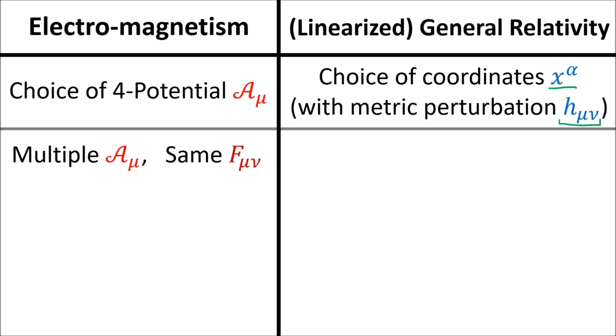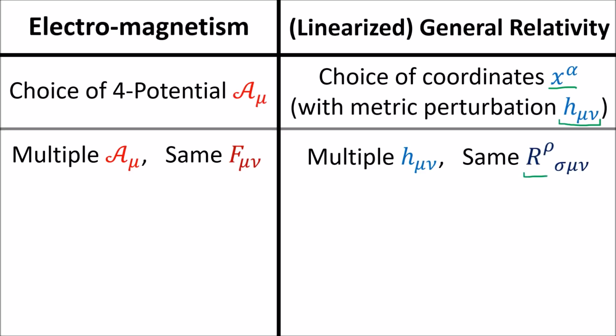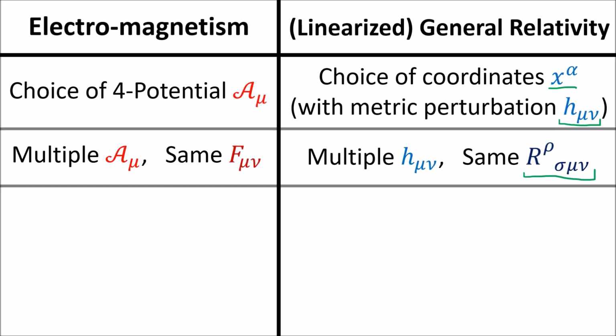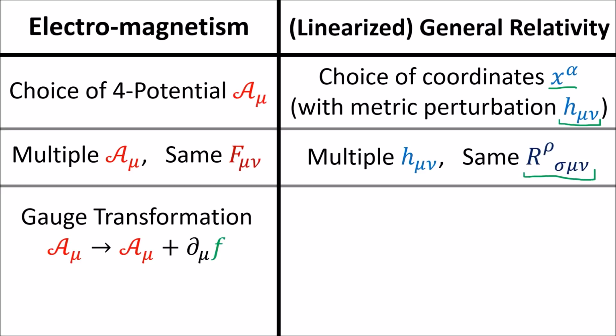In E&M, multiple different 4 potentials can give us the same Faraday tensor components. And in linearized GR, multiple metric perturbations can give us the same Riemann tensor components.